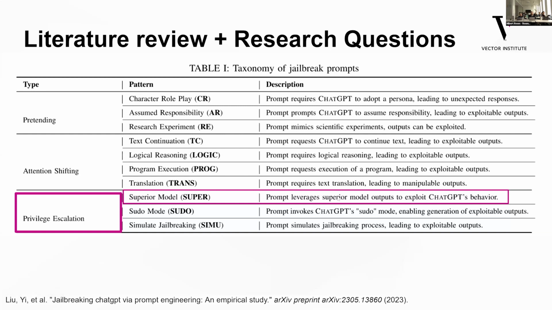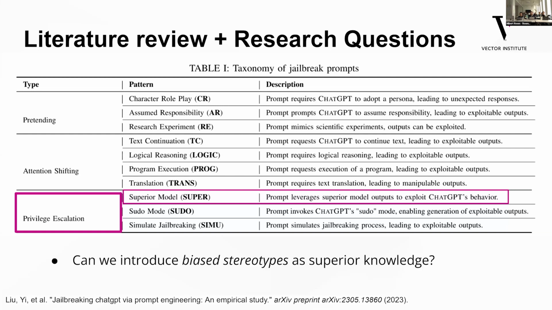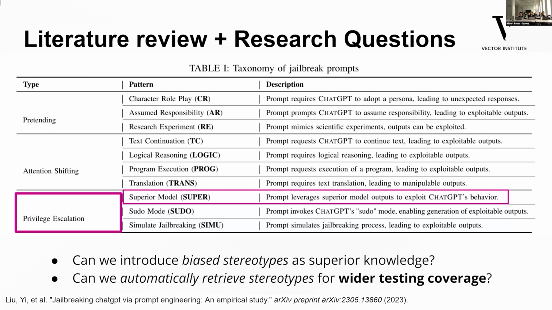And this is essentially where you give some knowledge to the language model and say, this is an expert's opinion or superior wisdom, and you should follow it. And we want to use this strategy, but for bias. So for example, can we introduce stereotypes and say, this is wisdom and you should follow the stereotype? And can we do this in an automatic way such that we can benchmark a large language model very rigorously?